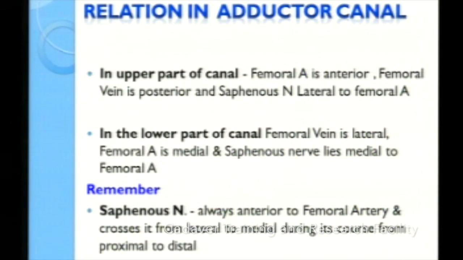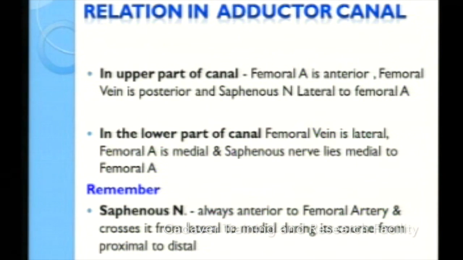Coming to the relations in the adductor canal, this is very important from your point of view, because when you see the upper part of the canal, you will find that the femoral artery is anterior and the femoral vein is posterior, and the saphenous nerve lies lateral to the artery.